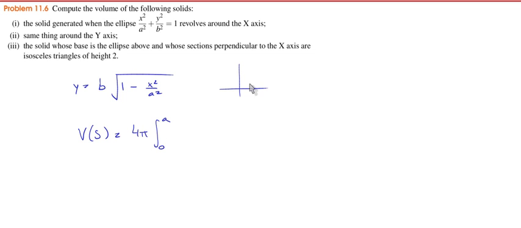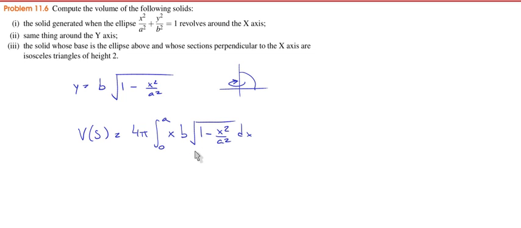If we rotate this around this axis, we get half of the volume, so 2 times that. The formula is 2 pi x times f of x, so this is 2 pi times b times the square root of 1 minus x squared over a squared dx.